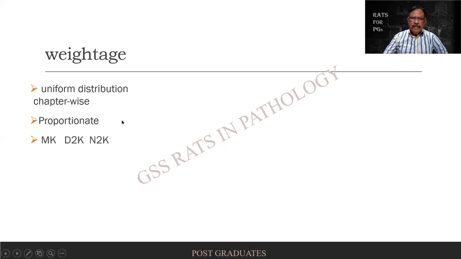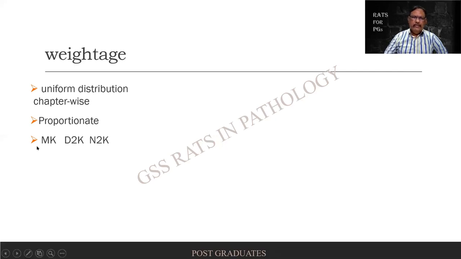And personally, I feel that this is a good formula for you people to follow. MK, D2K, N2K. MK means must know. D2K is desirable to know. N2K is nice to know.